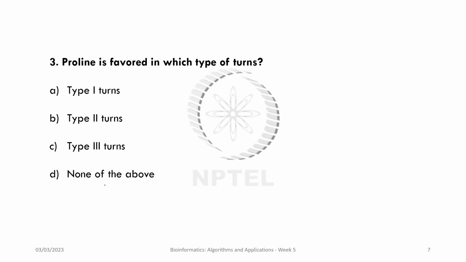Question 3. Proline is favored in which type of turns? Is it type 1 turn, type 2 turn, type 3 turn, or none of the above?